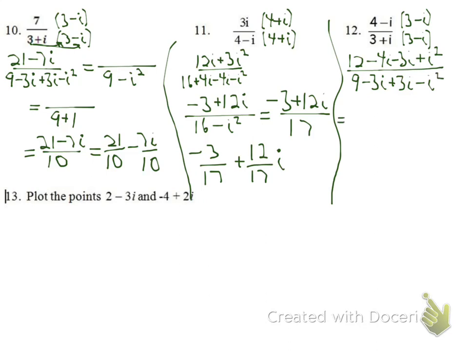Let's simplify the top first. I have 12, that's staying there. Negative 4i, negative 3i is going to be negative 7i. I have i squared, which is negative 1. So that's eventually going to become 11 minus 7i.